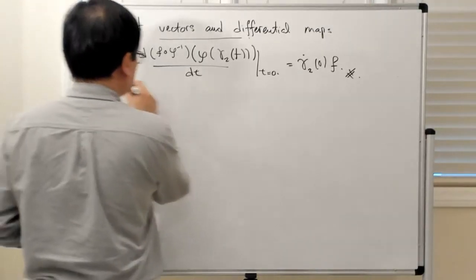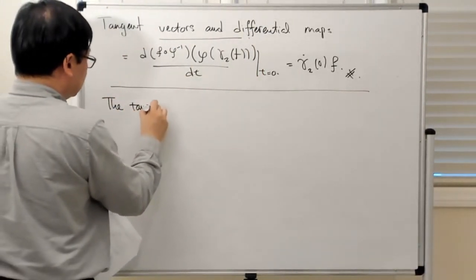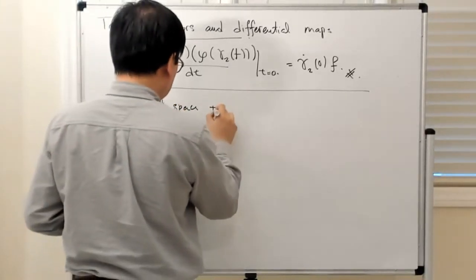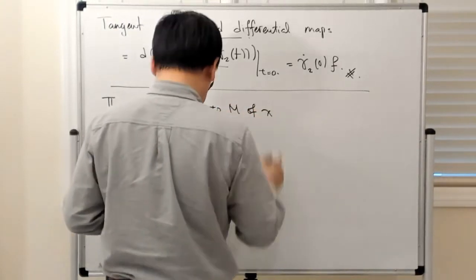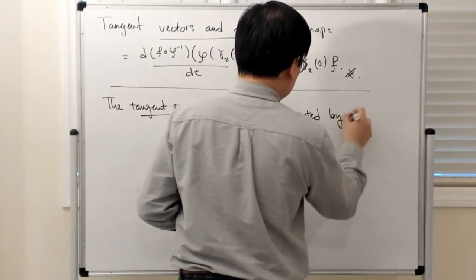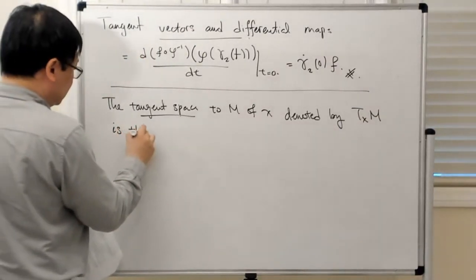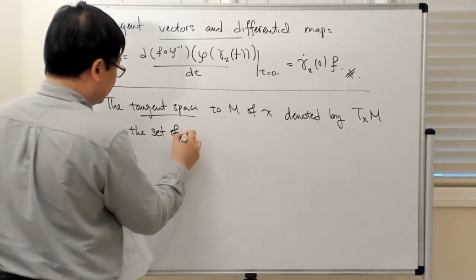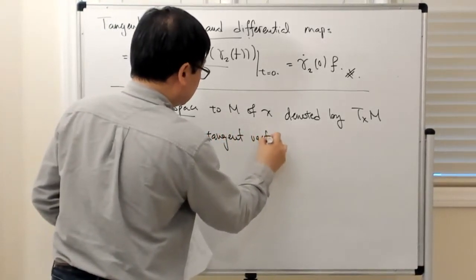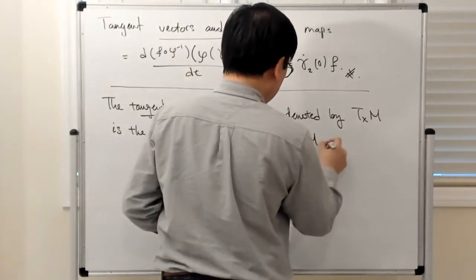Then the tangent space to M at x, denoted by T_x M, is the set of all tangent vectors to M at x.